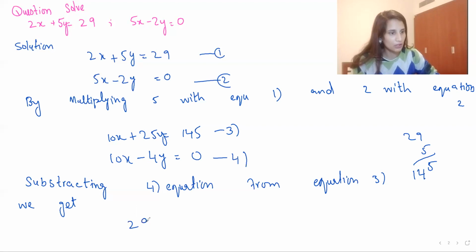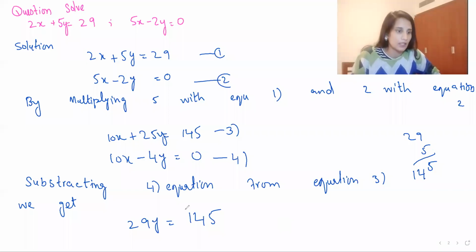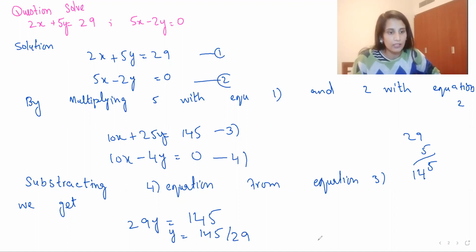So 29y is equal to 145. 29 would divide 145 on the other side, and when we divide 145 by 29, we get 5. That is the answer. So here is the solution for y.